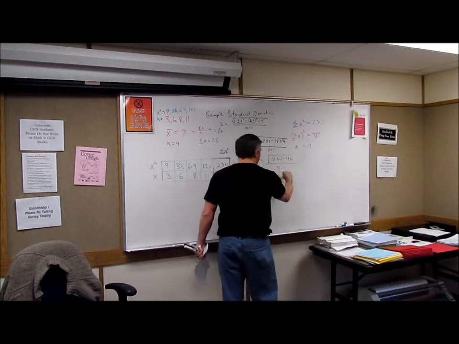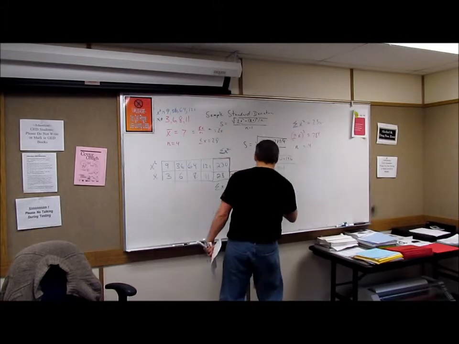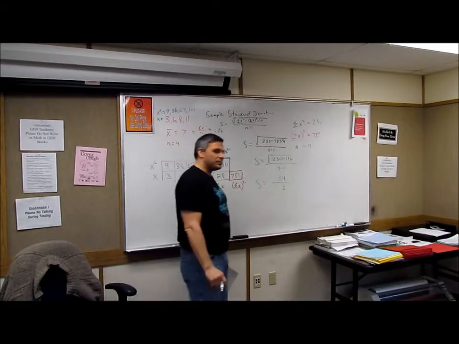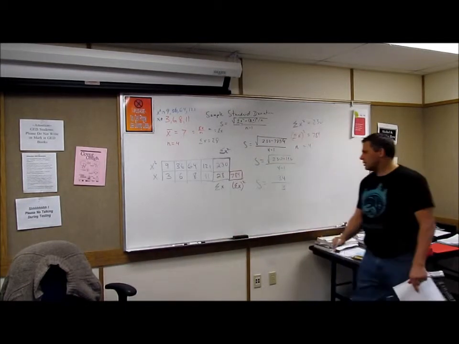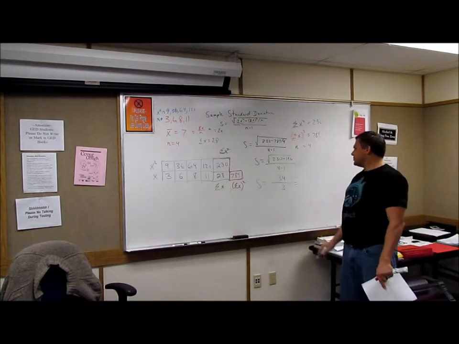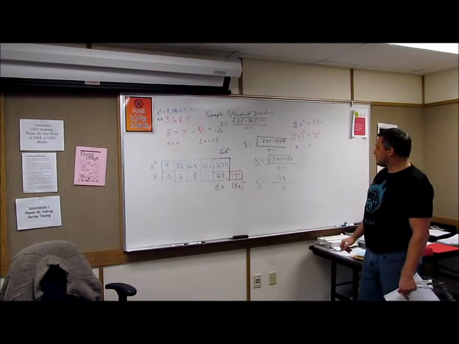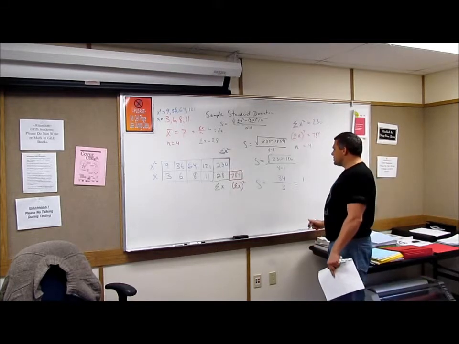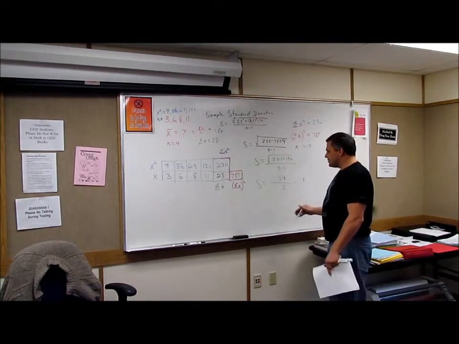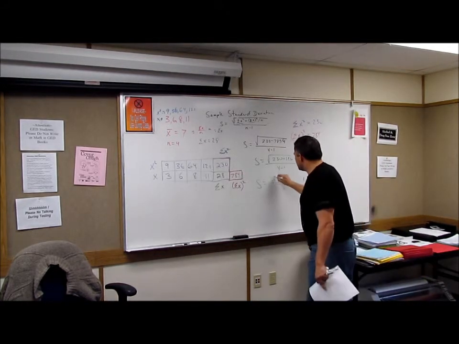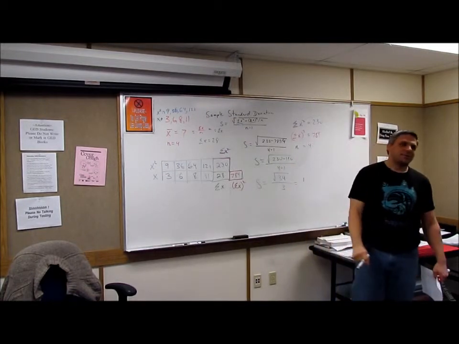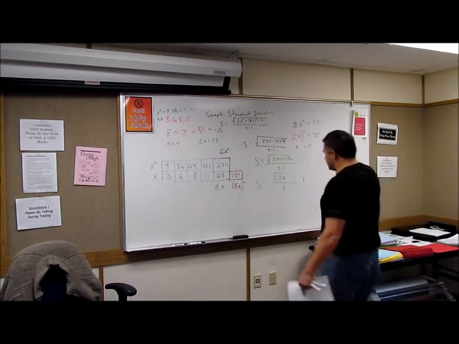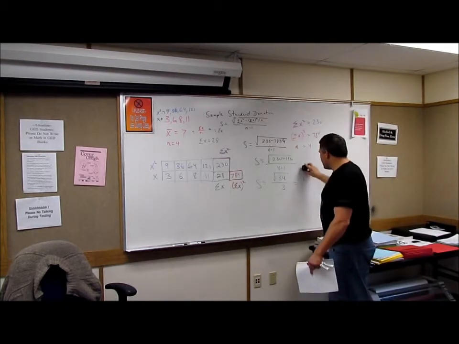And then I might as well subtract these two, and I get 3. So I get s is equal to the square root of 34 over 3, which is equal to, and 3 goes into 3 how many times? Once. 3 goes into 4 how many times? Oh, but I can't do that yet, because this is the square root of 34. It's not just 34. So I can't just divide them through and call it all good, right?